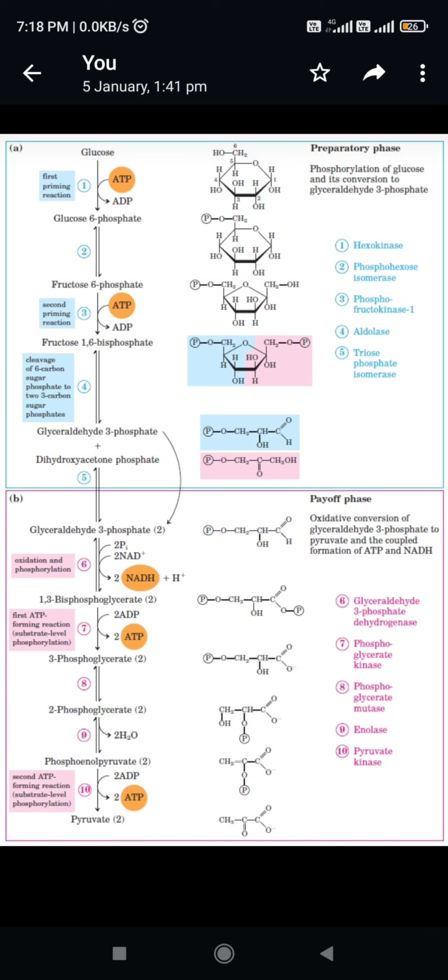That is, the 2 molecules used in the preparatory phase are subtracted from the payoff phase. So the net gain is 2 molecules of ATP plus 2 molecules of NADH. This is all about glycolysis.